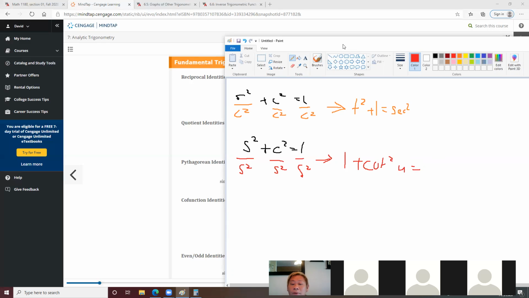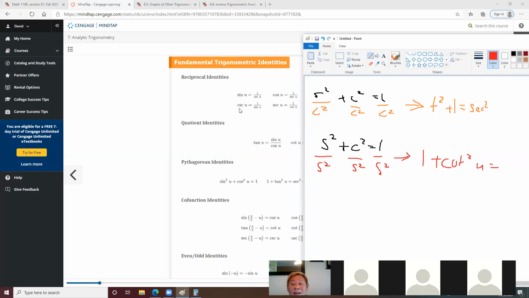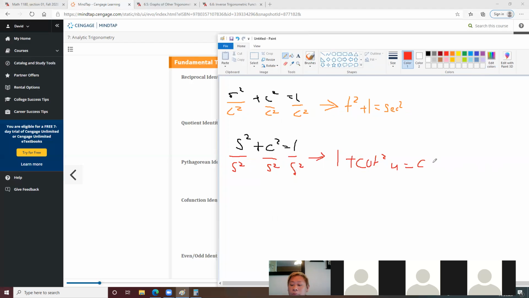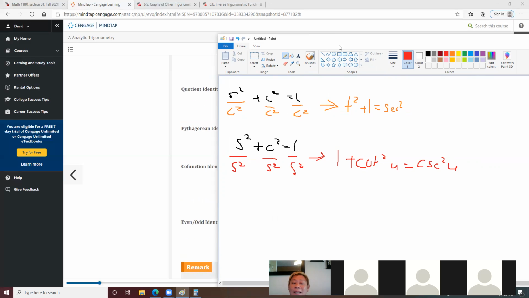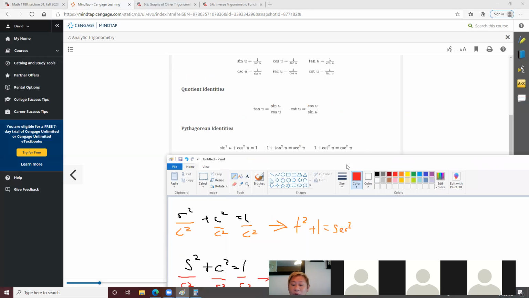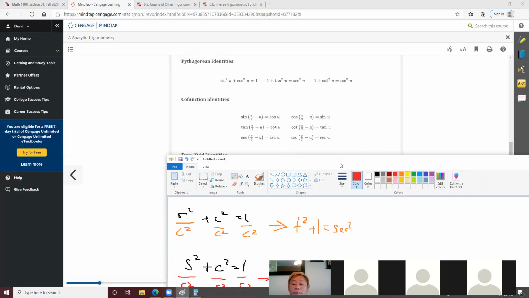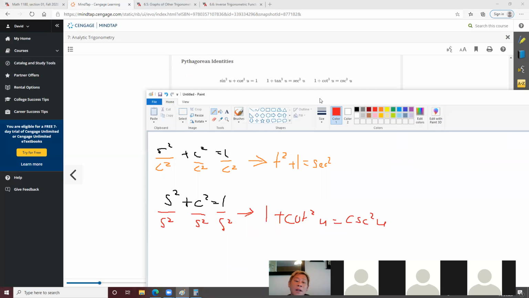And what is 1 over sine? 1 over sine is cosecant, so cosecant squared. Now you get the other Pythagorean identity, which is this one. So that's the reason why, for the Pythagorean identity, I just need to know 1. The other 2, I can derive very easily by dividing by cosine squared and dividing by sine squared. Okay, so that is what we call the Pythagorean identity.